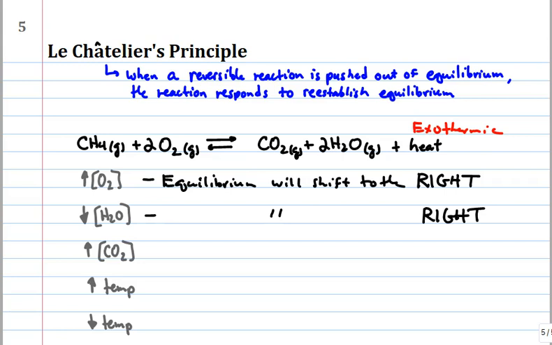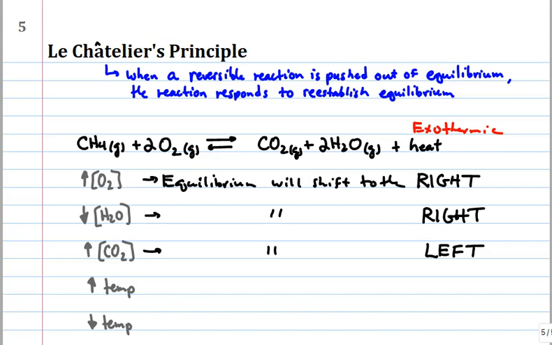Well, what if we added carbon dioxide to this mixture? Well, you're adding a product. You're adding carbon dioxide. How are you going to process that extra carbon dioxide? You better shift that equilibrium to the left.